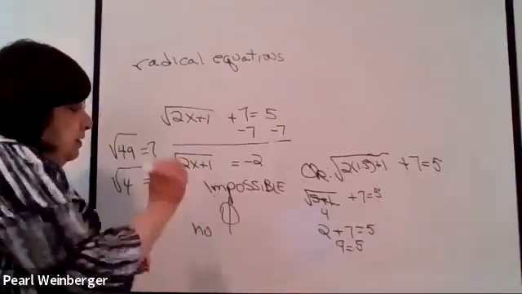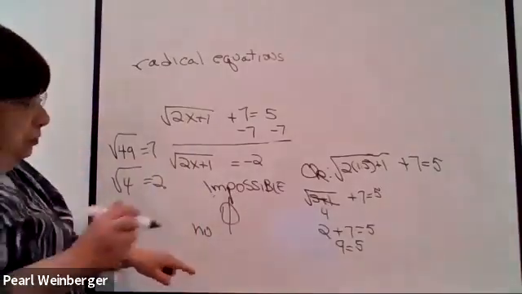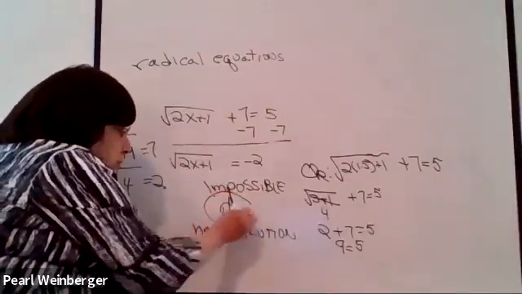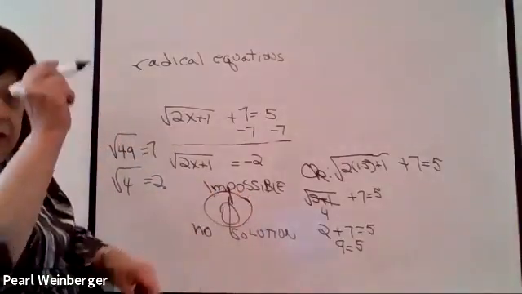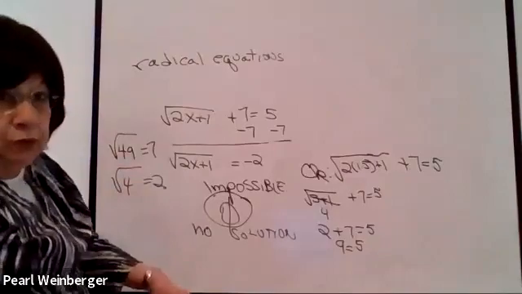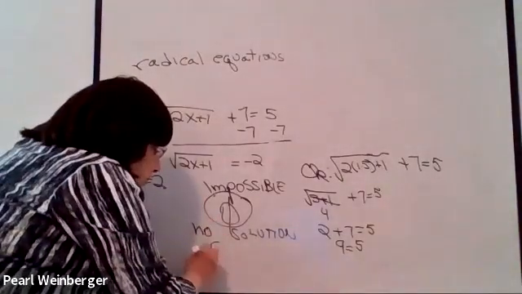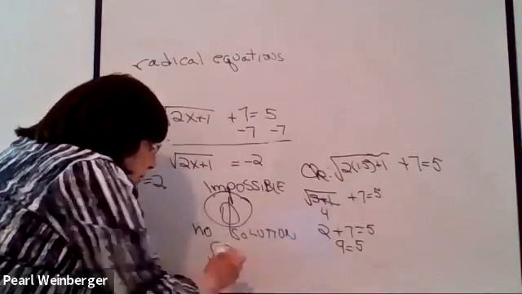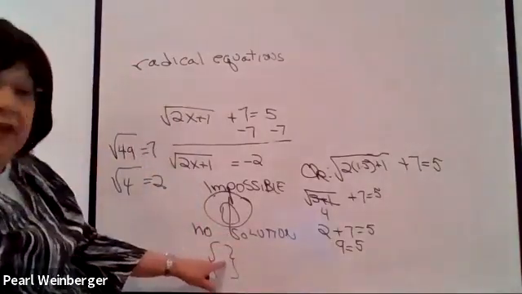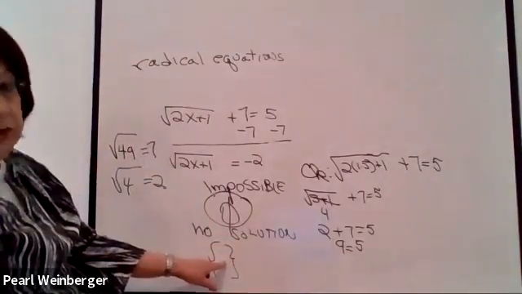Okay, so there are different ways they might give it to you. They might just write no solution. They might use this symbol, which is a zero with a line through it, which means no solution. Or sometimes they might even give you just a pair of brackets with nothing in it to show you there's no solution.